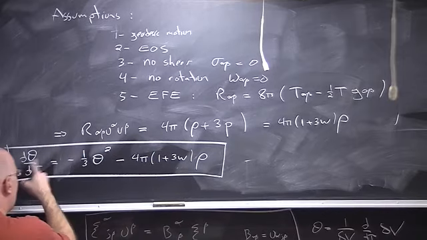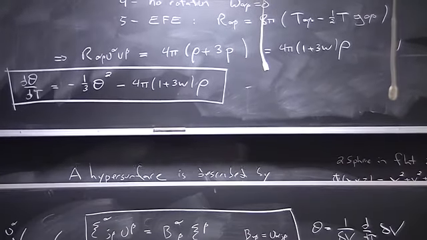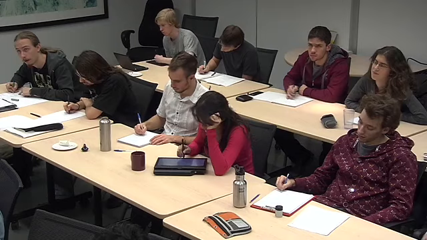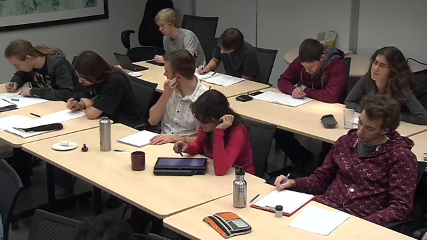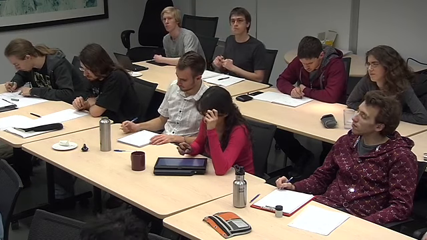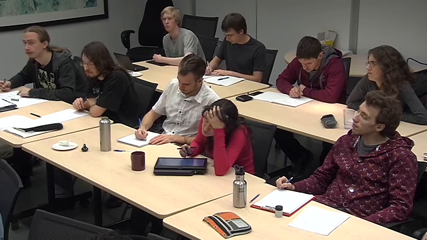So what do we have? We have one differential equation for theta. We have one differential equation for rho. And what are the variables? We have rho, we have theta, and w is a fixed constant. So basically, we have as many equations as we have unknowns. And that's a way of doing cosmology without ever writing down a metric.